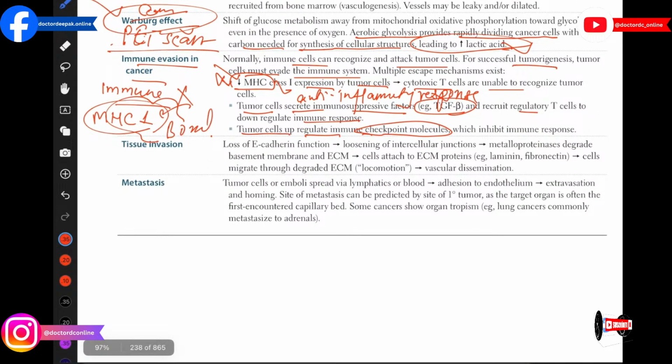This is an important thing. First, you have to know what immune checkpoint molecules are. Immune checkpoint molecules are proteins that regulate the immune system, preventing it from attacking normal cells and tissues. They act as a brake in your immune system, ensuring that immune responses are balanced and don't cause excessive damage.